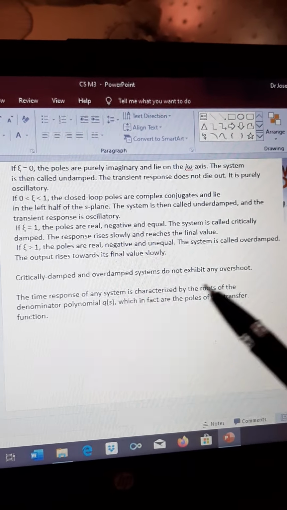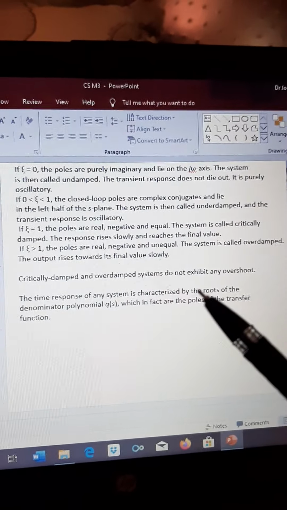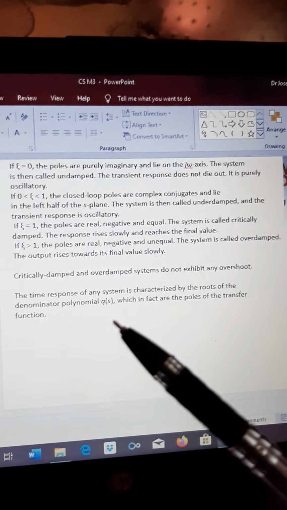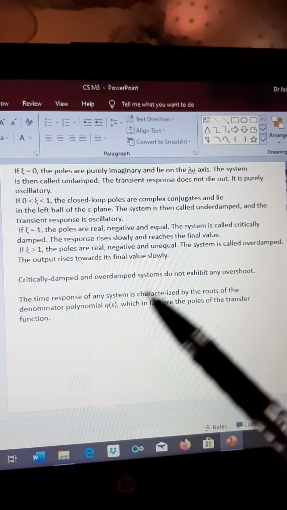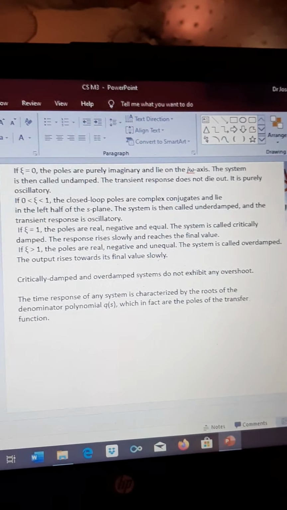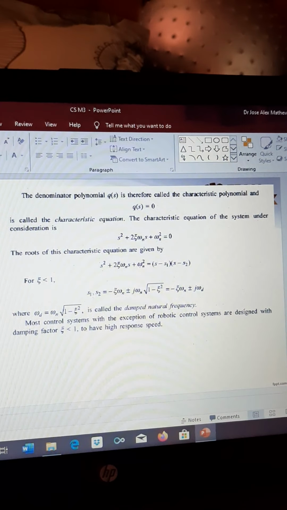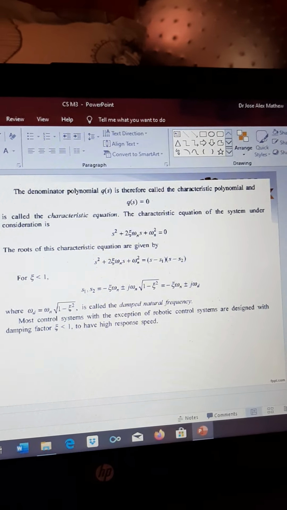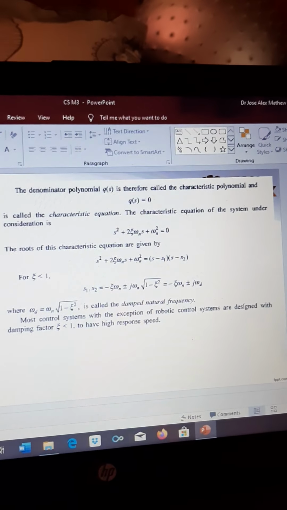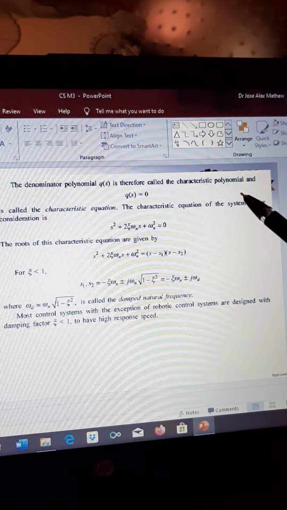The time response of any system is characterized by the roots of its denominator polynomial, which are in fact the poles in the transfer function. The denominator polynomial Q(s) is therefore called the characteristic polynomial.